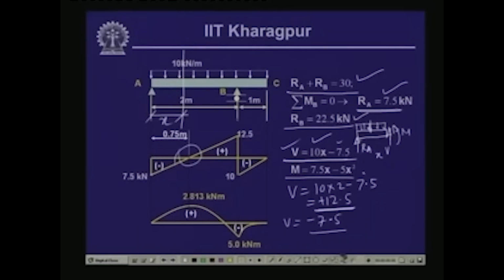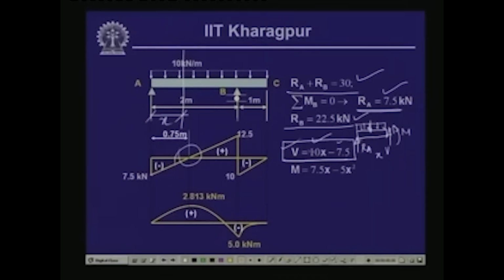If we'd like to know the position of the zero shear force, since we know this is the expression for the shear force between A and B, we substitute V equals 0. So, 0 equals 10x minus 7.5. This gives us the value of x, which is 0.75. So, at a distance of 0.75 from the left end, the shear force is equal to 0, which is indicated over here.